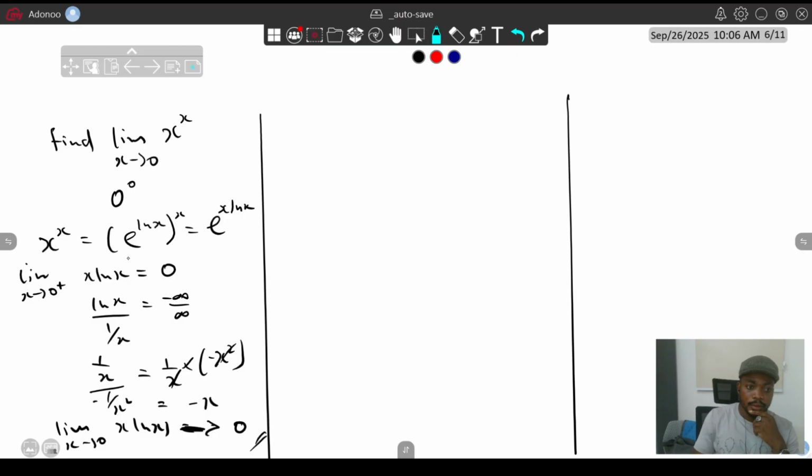Right? Good. So, in that case, we have this function here, which is what? The limit as x approaches 0 of x raised to the power x is equal to e raised to the power x ln x, which is equal to e raised to the power 0, which is equal to 1.